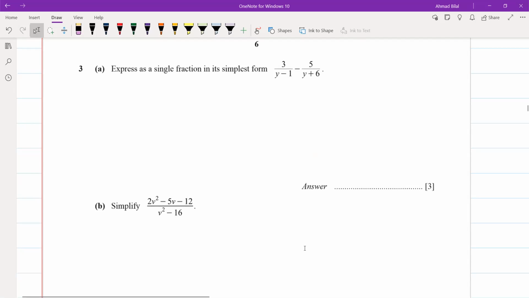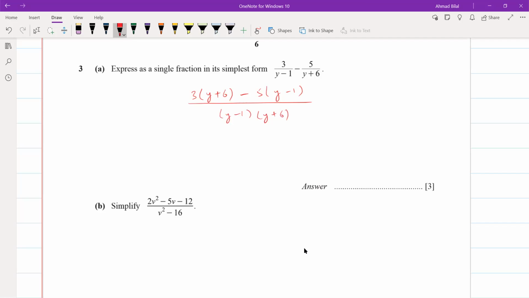Expressed as a single fraction in the simplest form, so that's pretty straightforward. Of course, a fraction has to simplify करना है. इसका LCM लेंगे. LCM आपने बस इनको cross multiply कर दें. ठीक है? So what do we get? We get 3 into y plus 6 minus 5 into y minus 1. You can divide by the product of those two, y minus 1 into y plus 6.